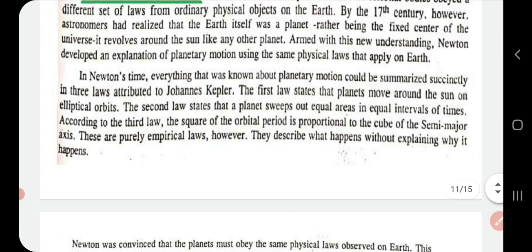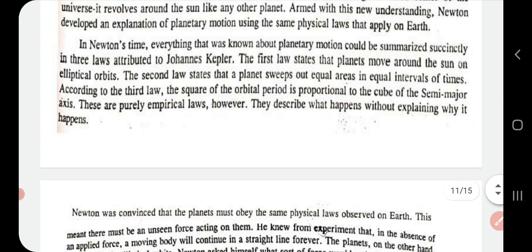The first law is that planets move around the Sun in elliptical orbits. The second law states that a planet sweeps out equal areas in equal intervals of time. The third law states that the square of the orbital period is proportional to the cube of the semi-major axis of the ellipse. Ellipse means the elliptical orbit around which the celestial bodies orbit.